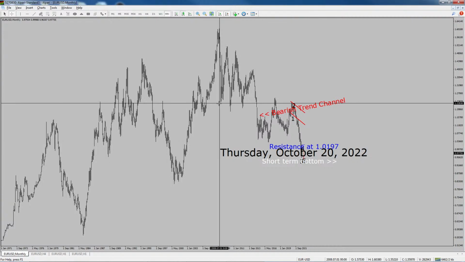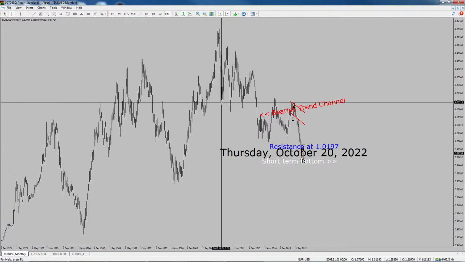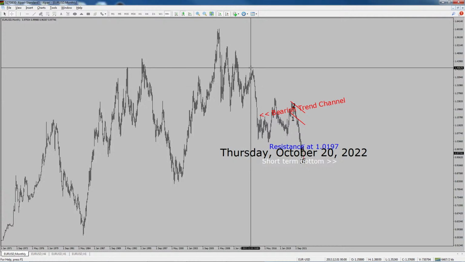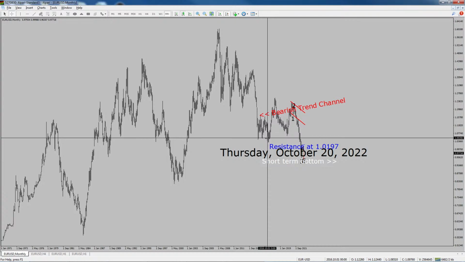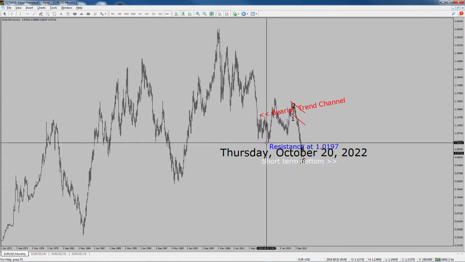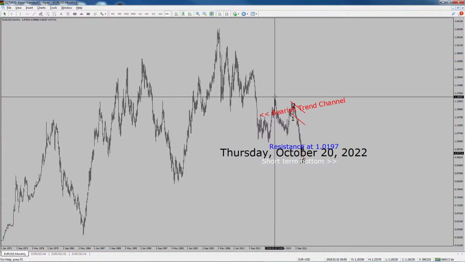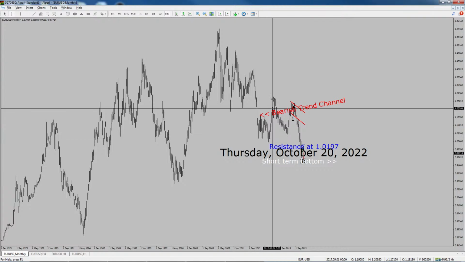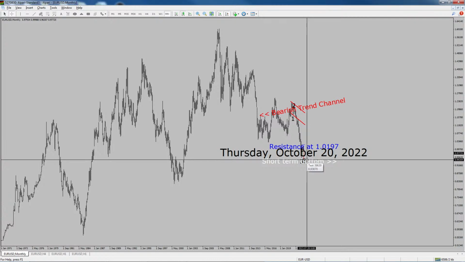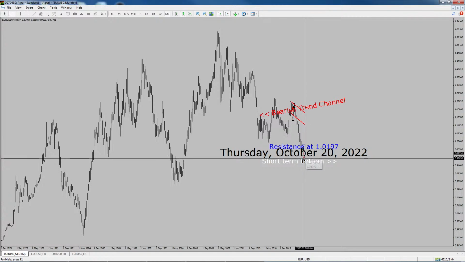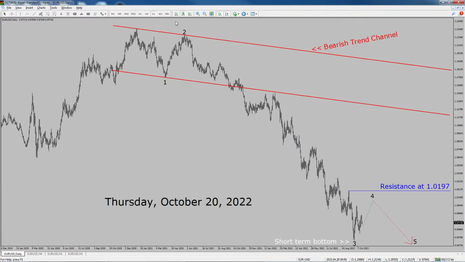So this would be most likely wave A, B and C. So first zigzag, first correction, wave W, X. Some people are counting this as a flat, so even if that is the case, what we're getting is the second zigzag.